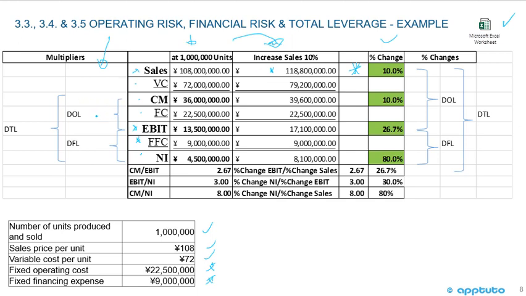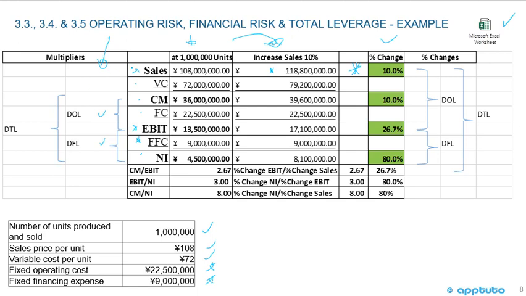You can see I mentioned that the way that I like to memorize it is just from the contribution margin income statement, that the degree of operating leverage is the contribution margin over the operating income, okay? And the degree of financial leverage is the operating income over the net income, and then the degree of total leverage is the contribution margin over the net income.